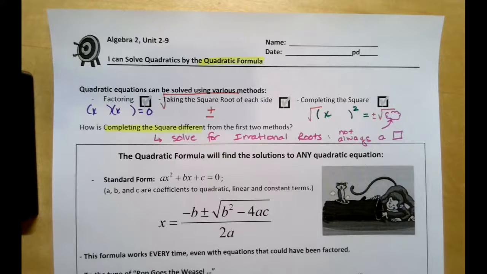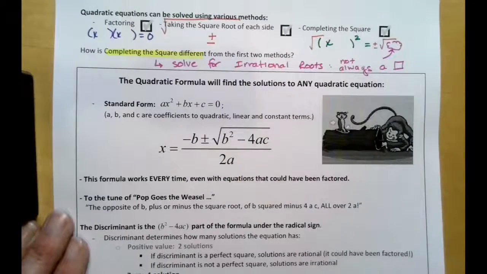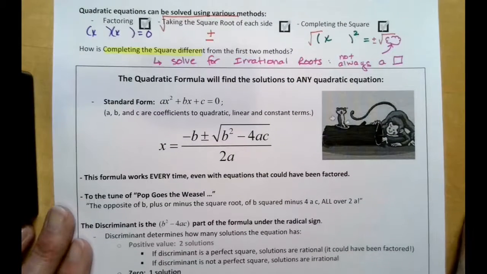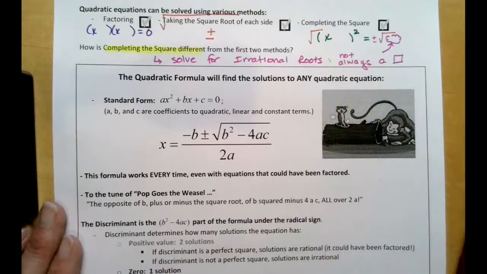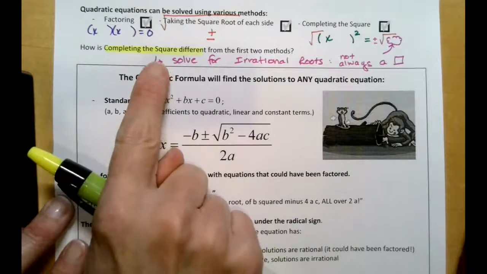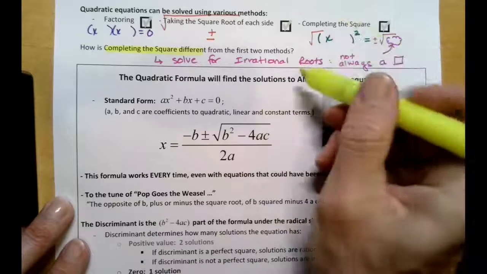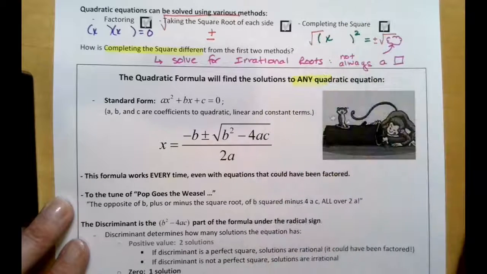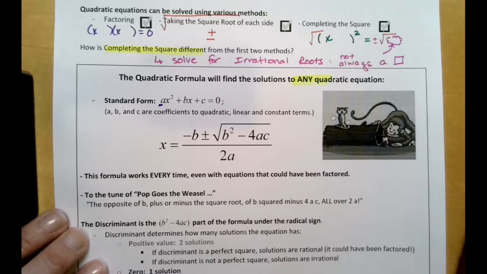So the quadratic formula is going to help us do all of the messy quadratics that are difficult to do with completing the square. The quadratic formula steps in where sometimes we have those a values where completing the square is a little bit difficult.